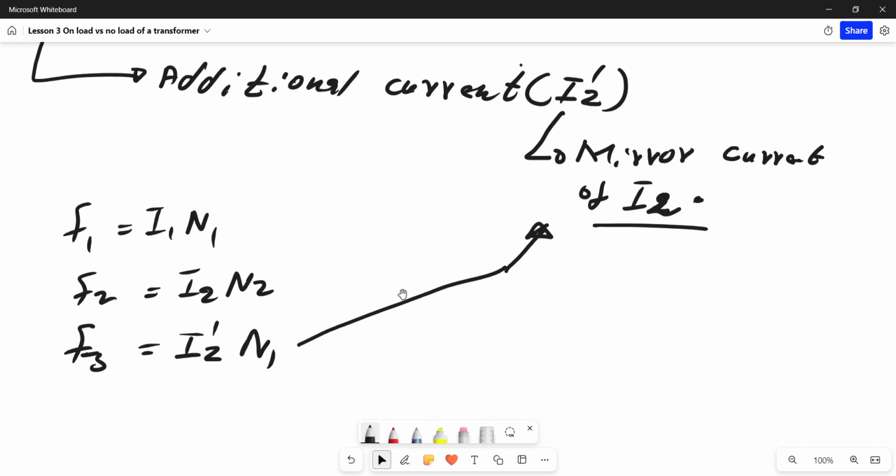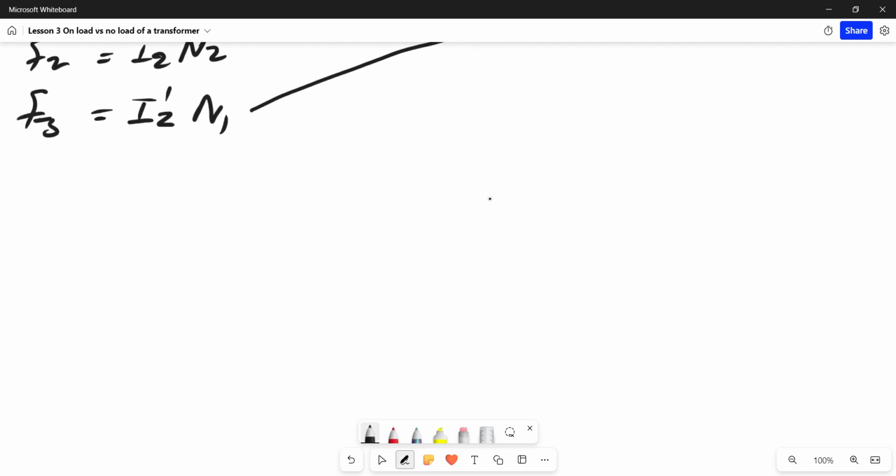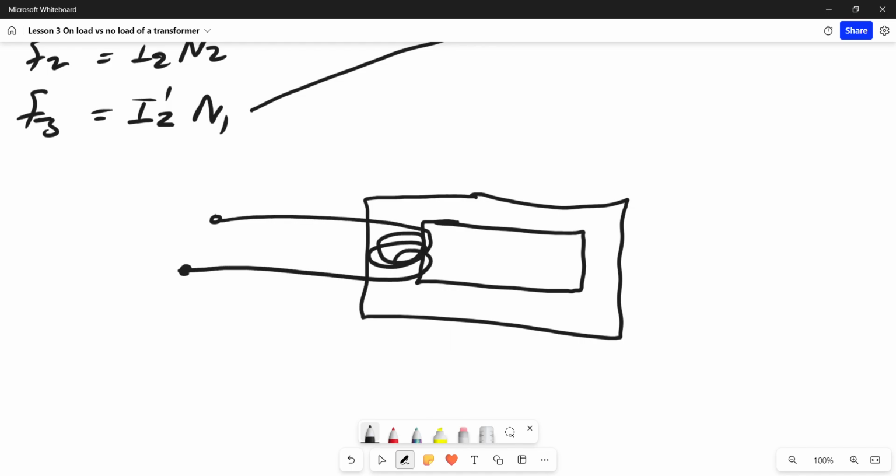Now what will happen is that inside this core, a third flux shall be present. This was flux 1, clockwise, and flux 2, anti-clockwise.